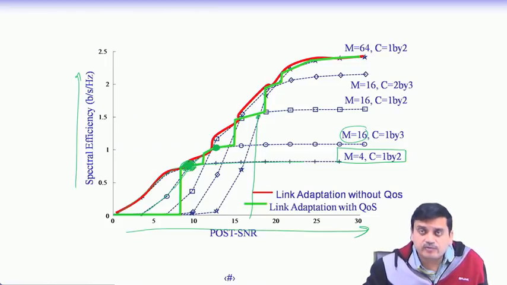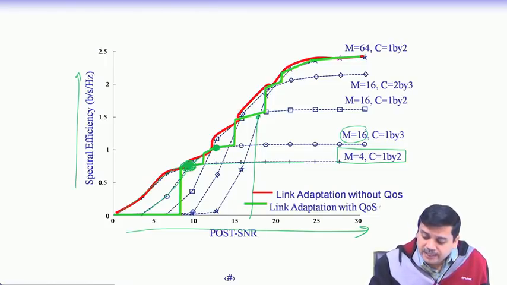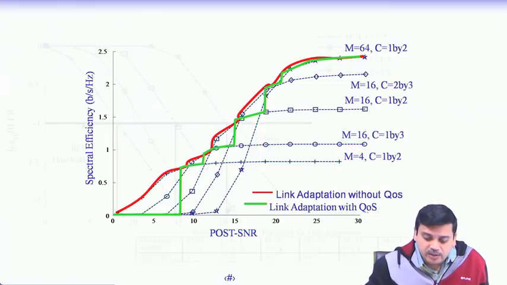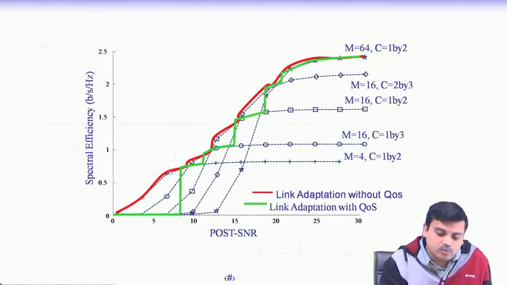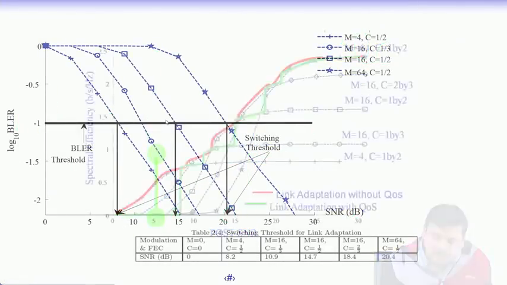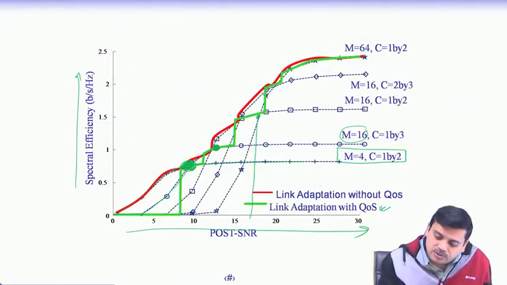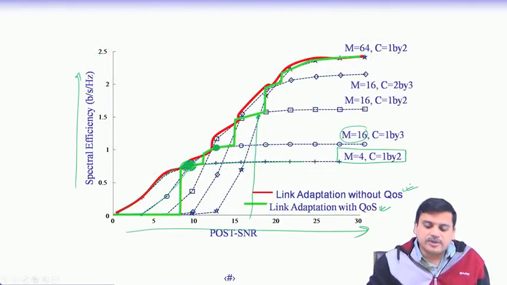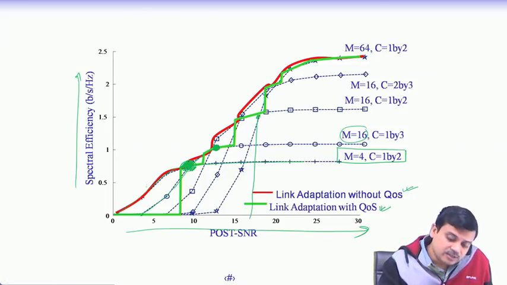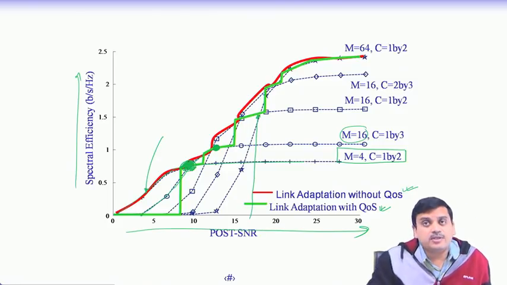So, we have two kinds of curve over here. One is link adaptation with QoS, that means the one using this threshold, and the other one where the threshold is not used, but only the highest spectral efficiency curve is used. If you are using the highest spectral efficiency curve, the transmission throughput is higher, but QoS is not maintained.